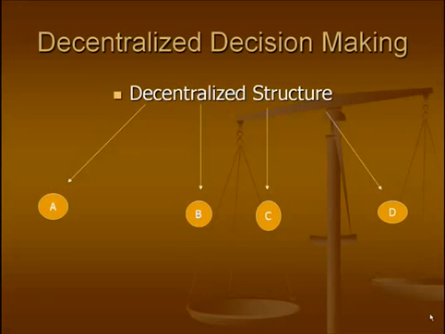When a company adopts the decentralized form of decision-making, each division is given authority to make decisions. This is an example of a decentralized structure in front of you. Divisions A, B, C, D in this example are divisions of a company which have the authority and responsibility to make decisions.